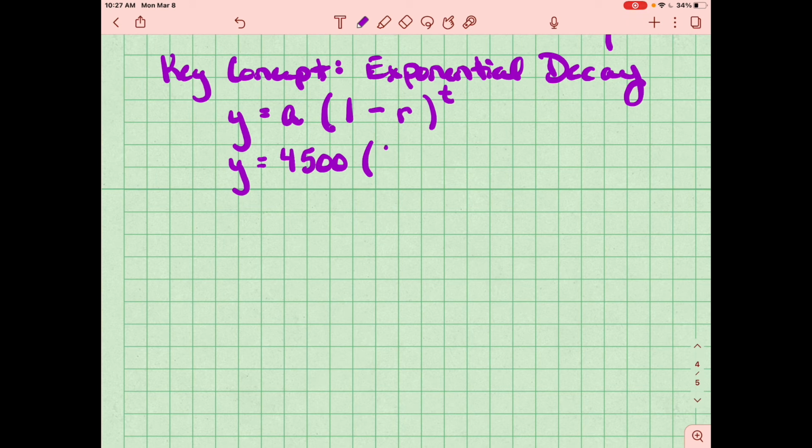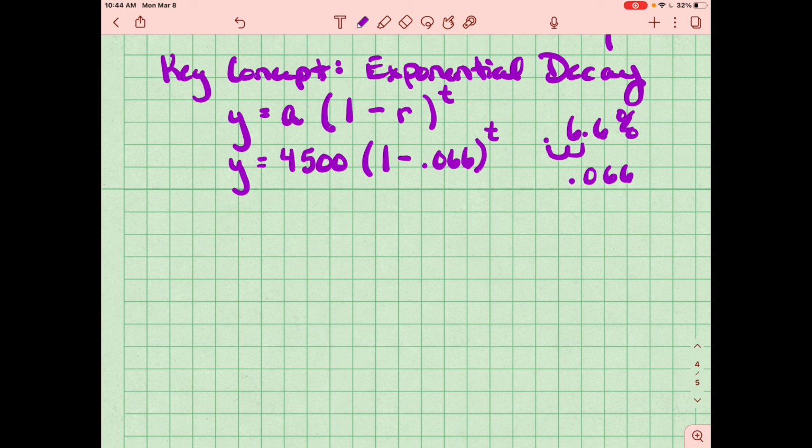And then we had 1 minus the rate it's losing, which is 6.6%. And we have to move that decimal to be 0.066. So 0.066 is our rate, and that goes to a time.